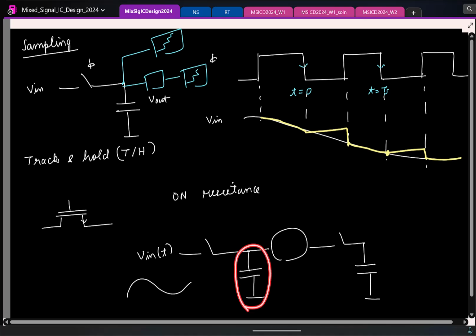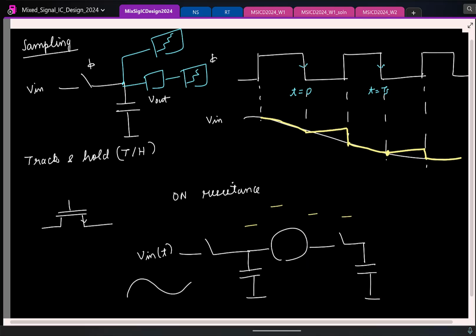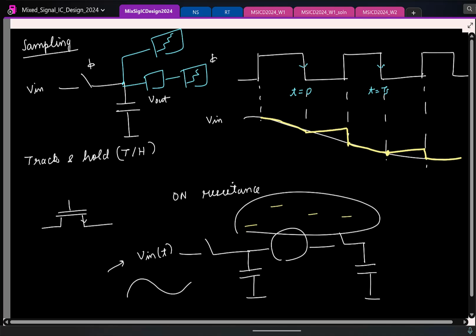Once I sample it, the signal is held like this. So the switches used in the succeeding stages will not see a varying input, they will see a held constant input. So we can have two cases: one is when the input is time varying, one is when the input is a constant. Let's look at both cases.